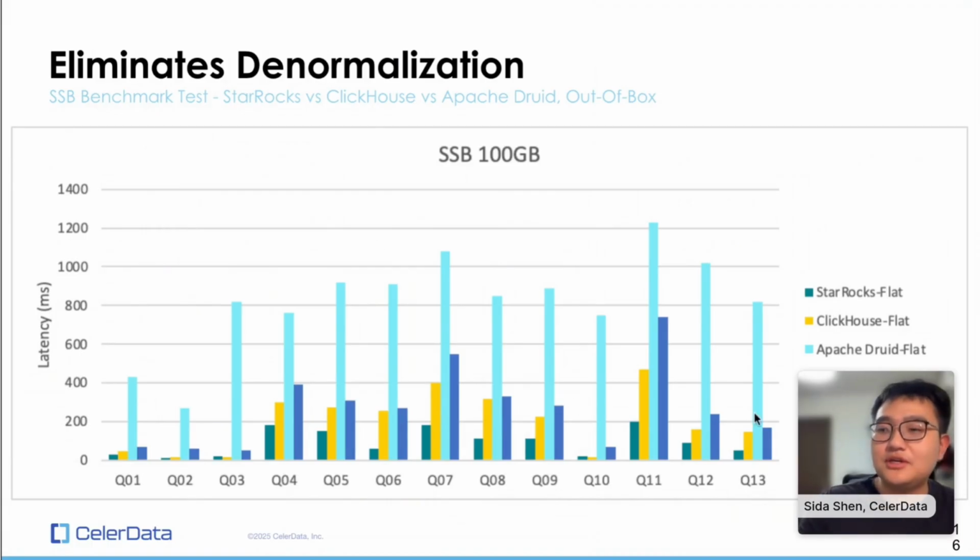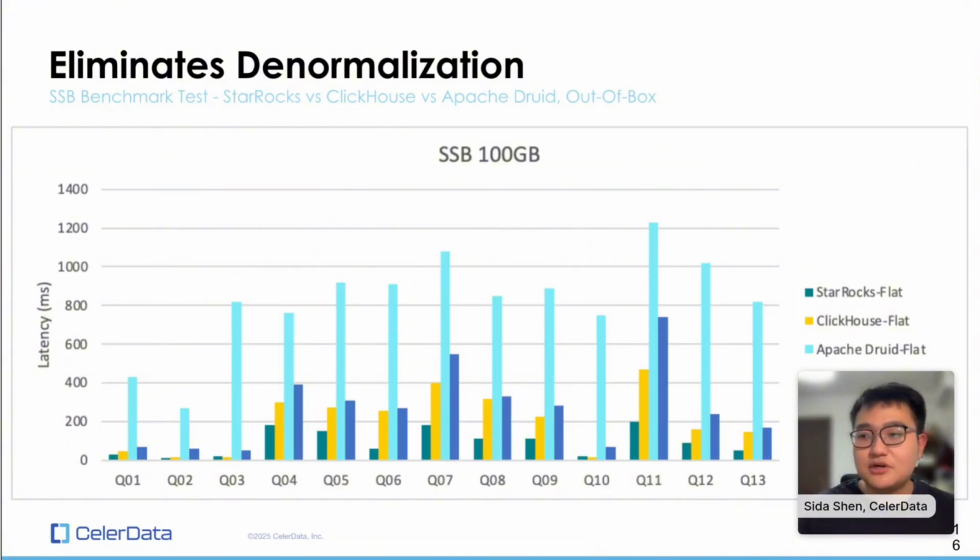On the right-hand side with multi-table, this is running the original multi-table SSB test, and everything with flat is a variant of the benchmark created by the folks at ClickHouse. They denormalized all of the SSB tables into one big flat table and only query the flat table, so basically running all of the on-the-fly aggregations, but not the on-the-fly joins.